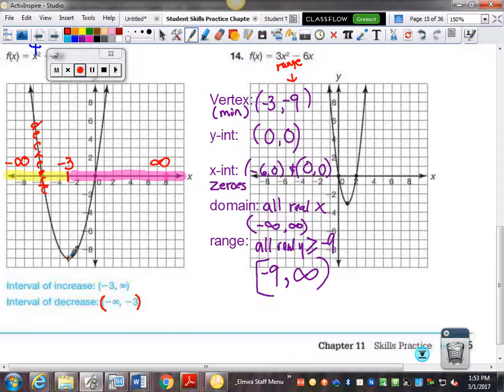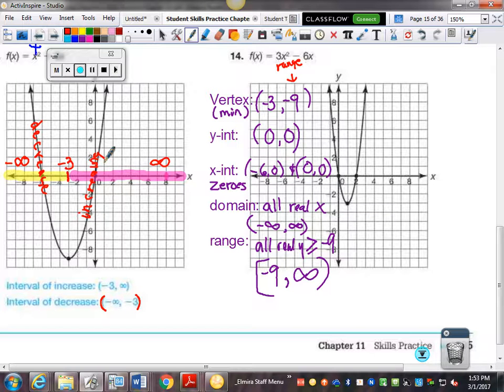-3 is the vertex. It is the point in the parabola where it is not increasing and it is not decreasing. It is the only point in the graph where it's not doing either one. It's that moment of flatness. So that's why that gets a round bracket, because it's not increasing or decreasing at that point. This side is where we are increasing.